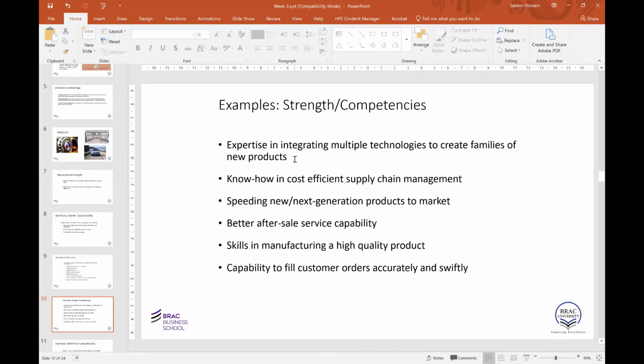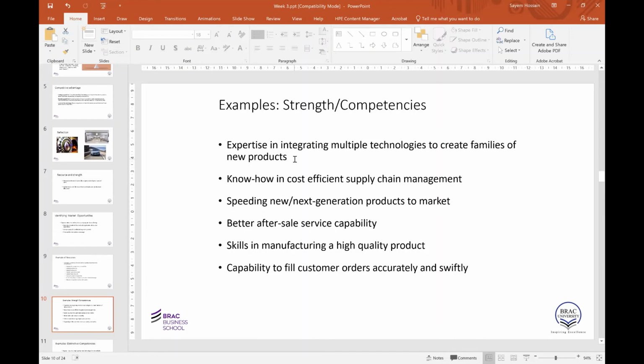The Apple smartphone was one thing, and slowly they got into every other household product. They have the Apple phone, they have AirPods, and so many other devices they're getting into. So they're creating families of new products in a way that is integrated. And this is how they are using their resources, transforming their resources into their competences.